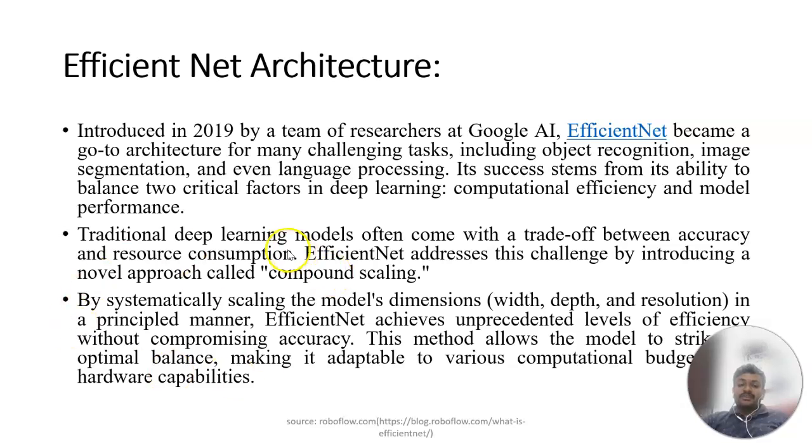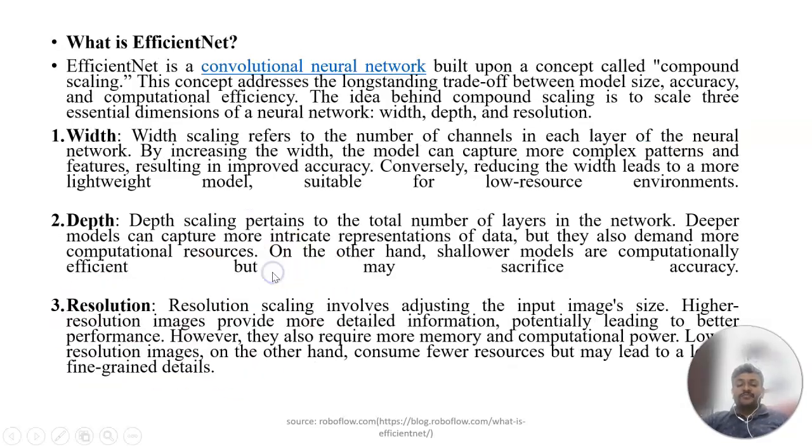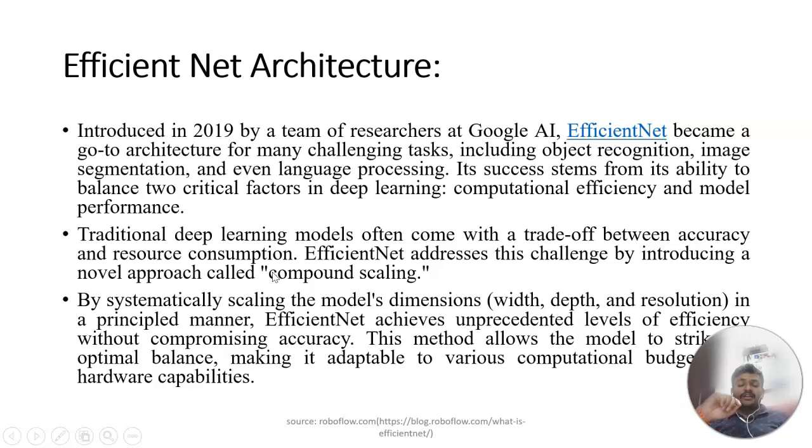This compound scaling is done by the systematic scaling of model dimensions, that is width, depth, and resolution, in a sequenced manner. This method allows the model to strike an optimal balance and makes it adaptable to computational budgets and hardware capabilities.